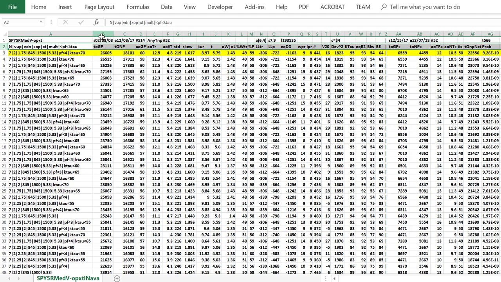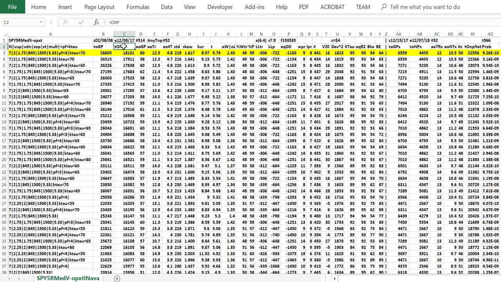TOGP is the total out-of-sample gross profits. TONP is the total out-of-sample net profits, which is the gross profits minus the number of trades times the number of weeks times cost. Column D, the average out-of-sample gross profit for the 514 out-of-sample periods.